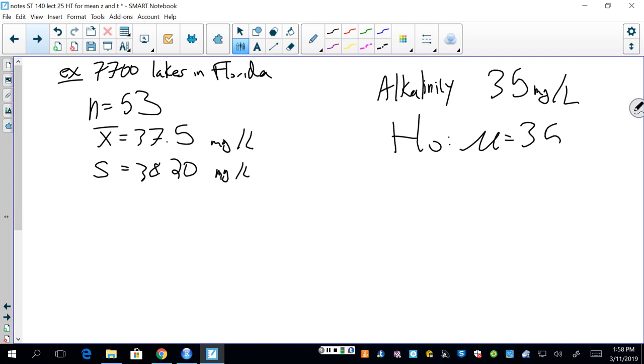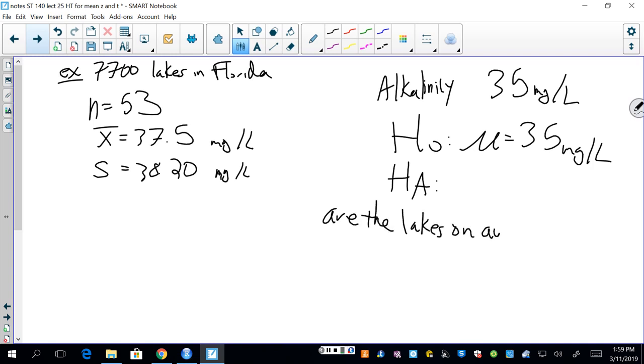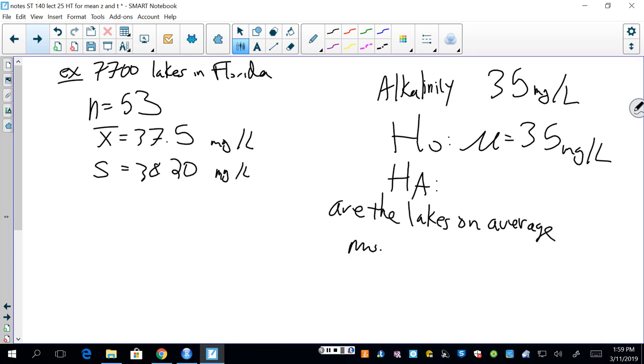So we're going to set up this thing of interest at 35. And in this case, we're going to ask, are the lakes on average more alkaline? So some hypotheses are phrased as one way or the other.